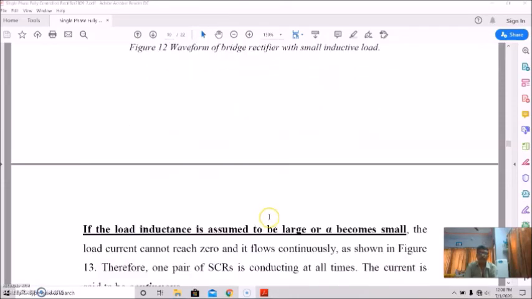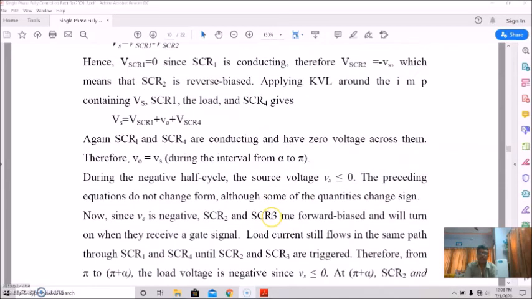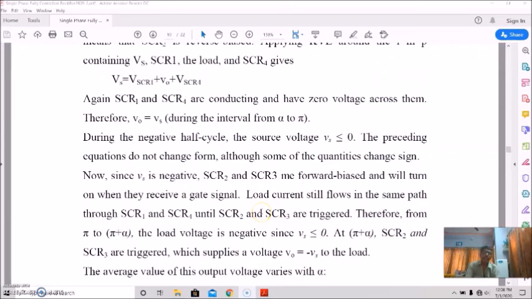So from this, during the negative half cycle, the source voltage is negative, Vs is less than or equal to 0. The preceding equations do not change form, although some of the quantities change sign.